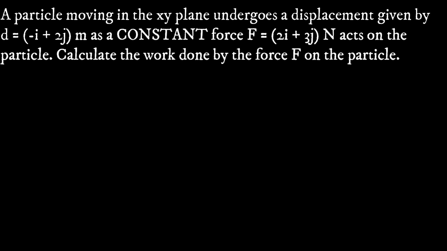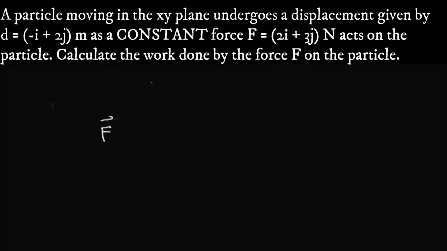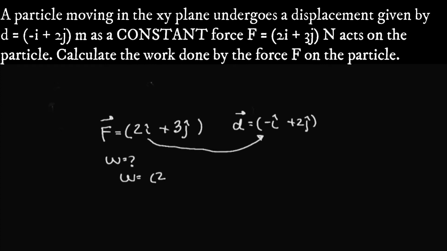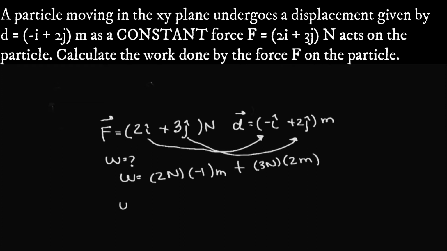We have the first vector to be force, which is 2i plus 3j, and the second vector equals minus i plus 2j for displacement. The dot product of the two vectors is just 2 times minus 1 plus 3 times 2. So that equals minus 2 plus 6, which is just 4 joules. Remember that work unit is joules.